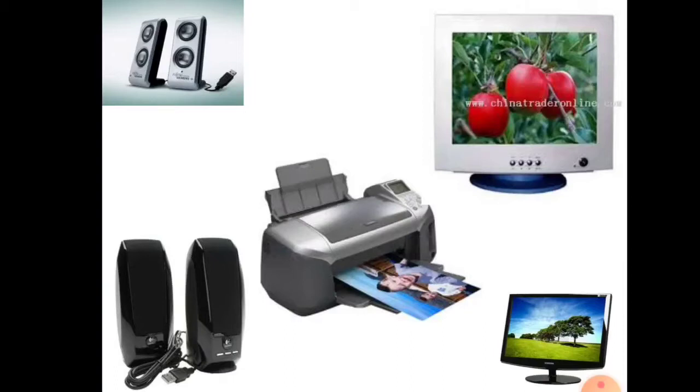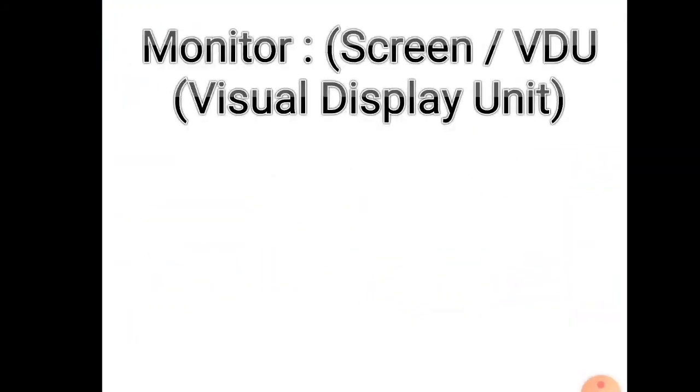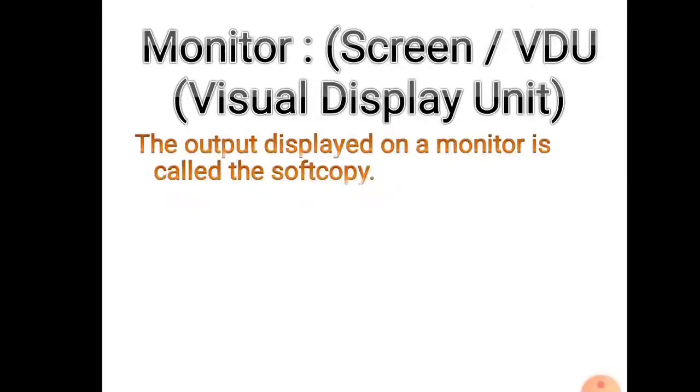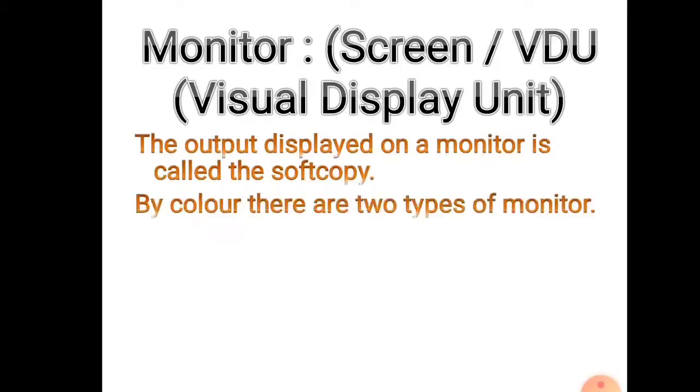Okay, now we will learn about the monitor. A monitor is a screen, or you can call it a visual display unit. This visual display unit gives us a soft copy. By color there are two types of monitors.